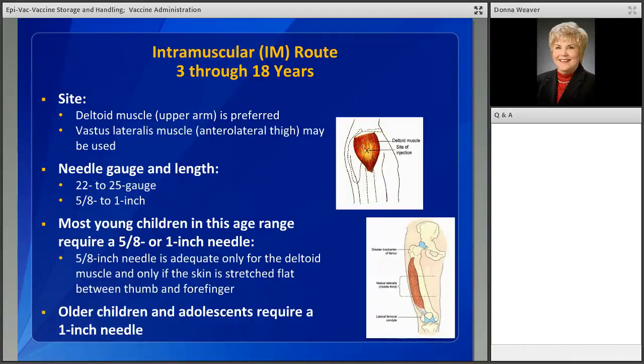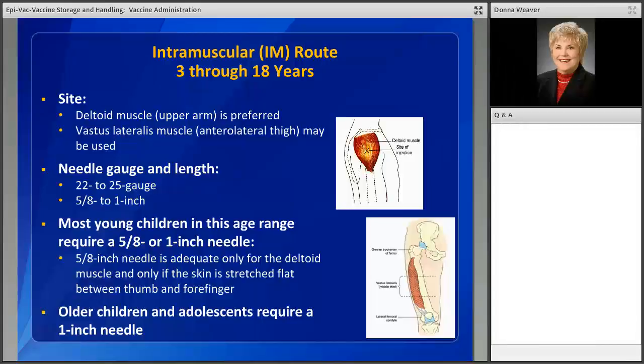The deltoid muscle is preferred for children 3 through 18 years of age. The needle size for deltoid injections can range from 22 to 25 gauge and from 5/8 to 1 inch, depending on technique. A 5/8 or 1 inch needle is required for most young children in this age range. In general, a 1 inch needle is needed for older children and adolescents.